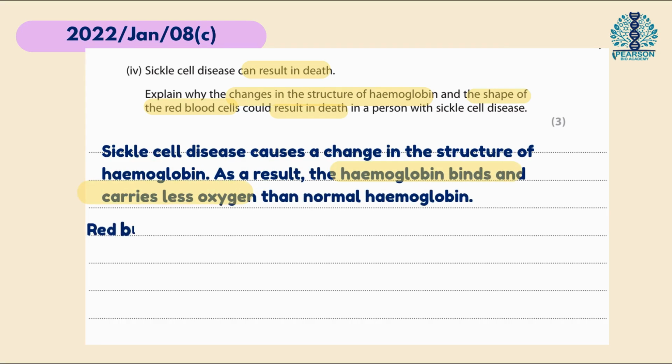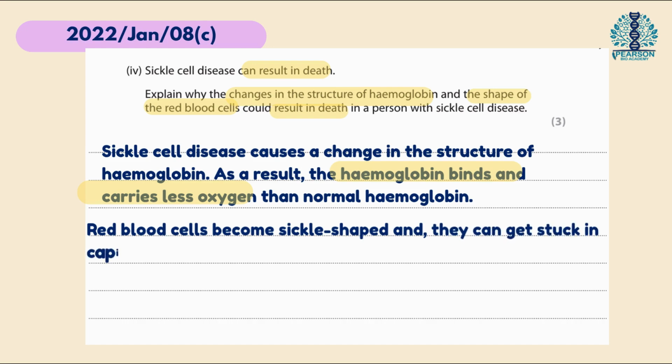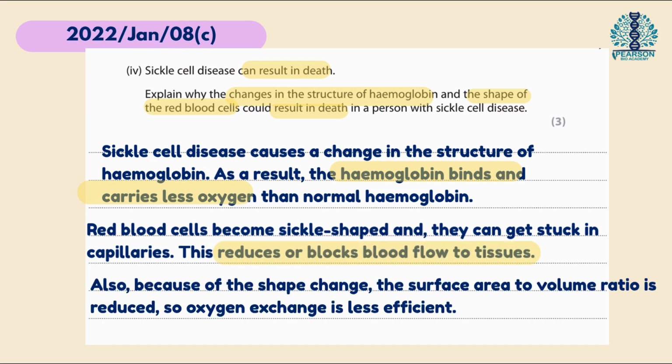The second point, red blood cells become sickle shaped, and as stated in the question, they can get stuck in capillaries. This reduces or blocks blood flow to the tissues. Also, because of the shape change, the surface area to volume ratio is reduced so oxygen exchange is less efficient. So overall, less oxygen reaches the body cells and tissues.